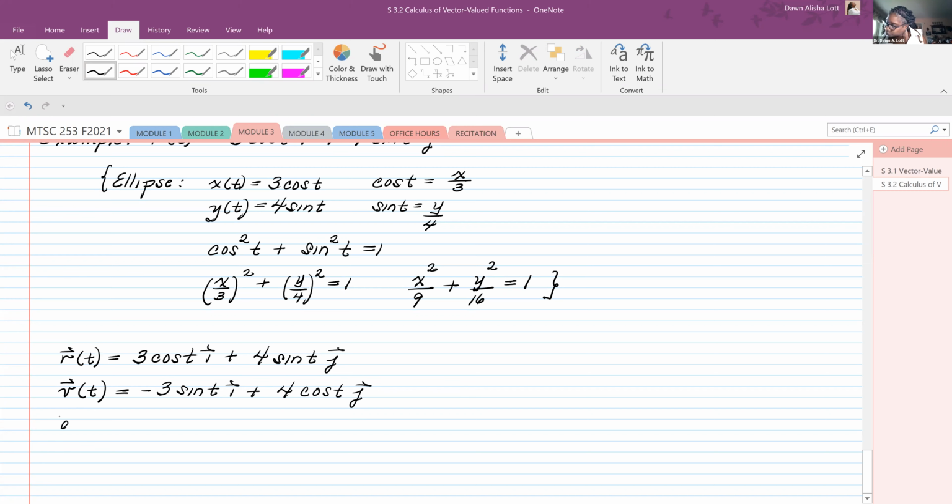And the acceleration is negative 3 cosine t i minus 4 sine t j. Okay.